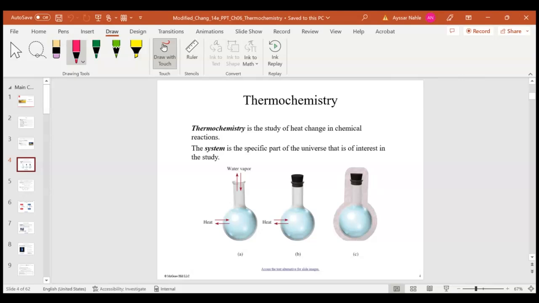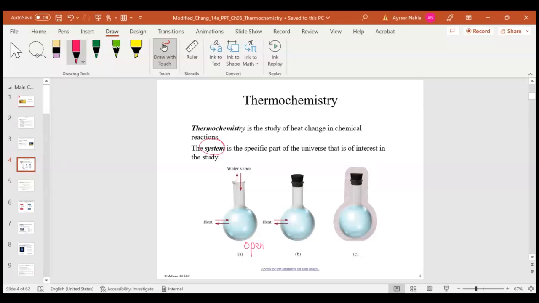When we talk about systems, we have three types of system. One system is called an open system. Open means open to the atmosphere. Look at this container. You have the flask containing a solution. It is open to the atmosphere.